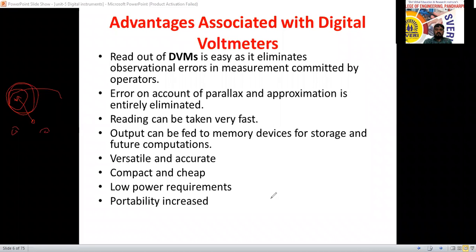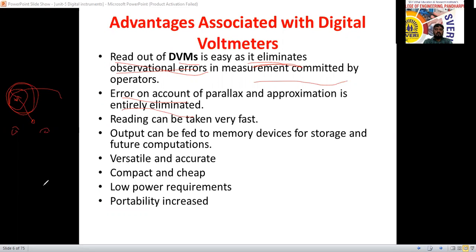So the readout of digital voltmeters is easy as it eliminates observational errors, where we cannot see the exact value on an analog scale. We can eliminate those errors committed by the operators. So error on account of parallax and approximation is entirely eliminated here.